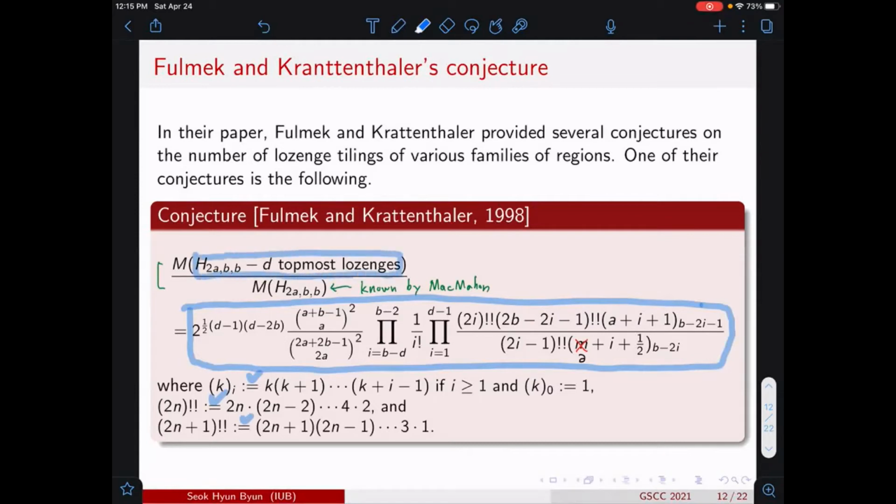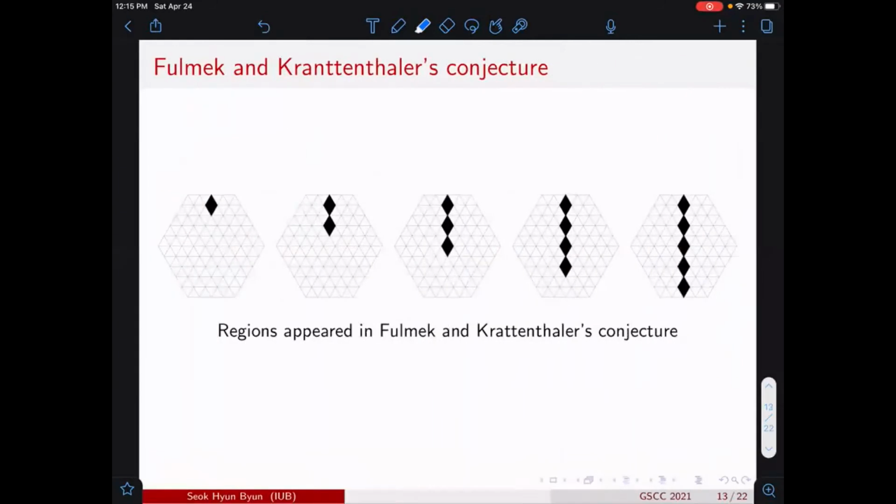Then what is this region? So I will also provide some pictures of these regions. So again, the top side length, which is 2a, is equal to 4 in this case, and the oblique side length, which is b, is 5. And then instead of deleting a single lozenge, what they have done is delete several lozenges.